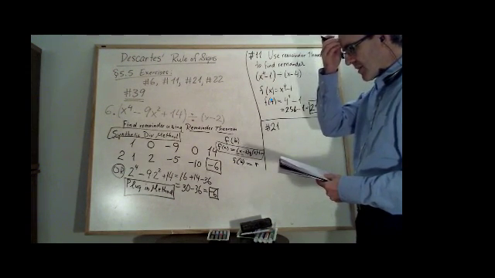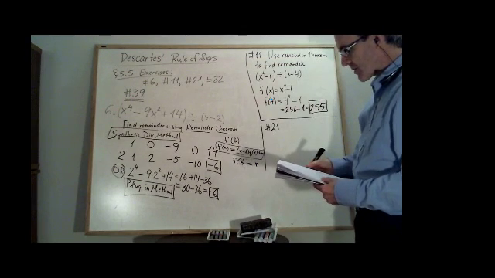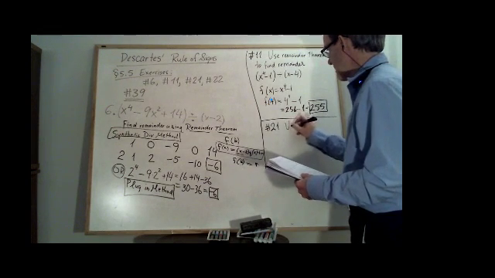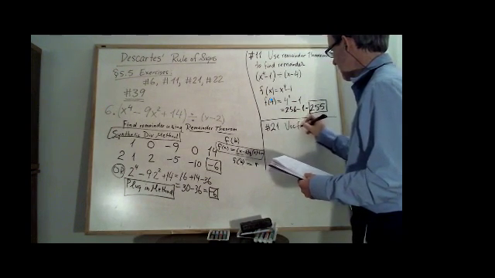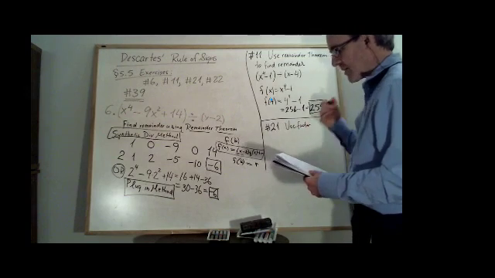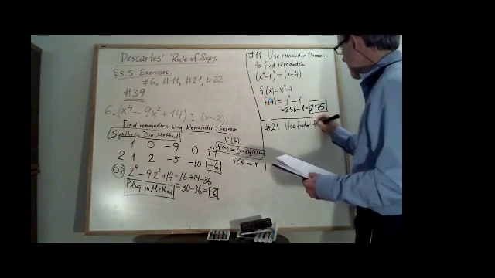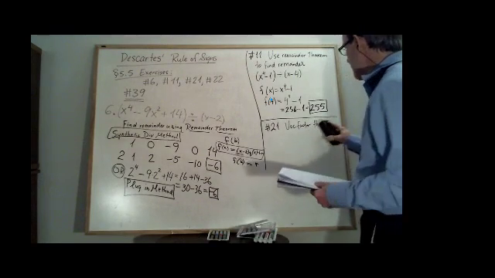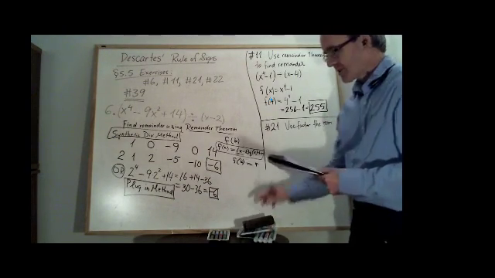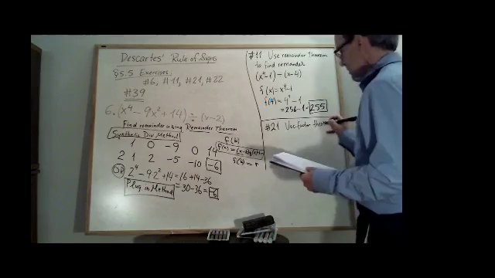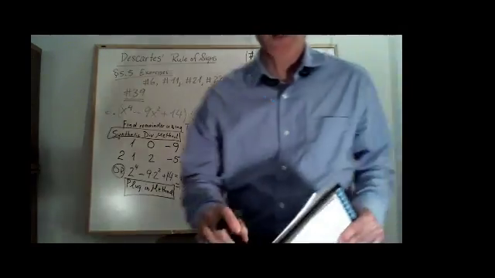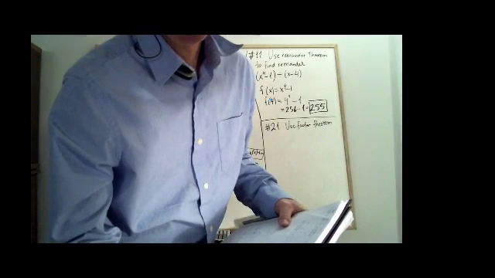So number 21, use the factor theorem to find all the real zeros for a given polynomial function and one factor. So you're given a polynomial, you're given a factor. Let's see what the polynomial is. Number 21.